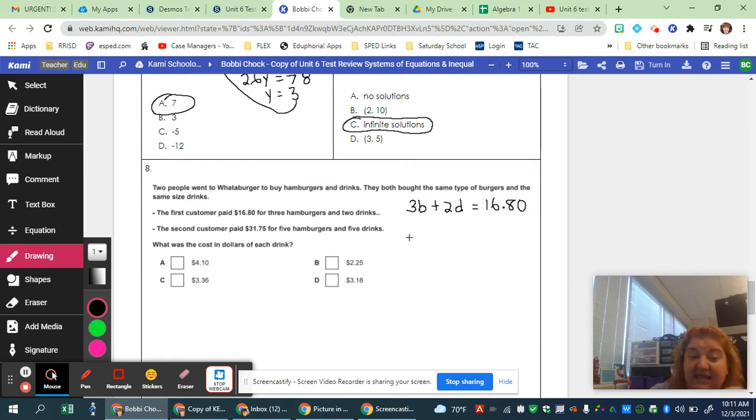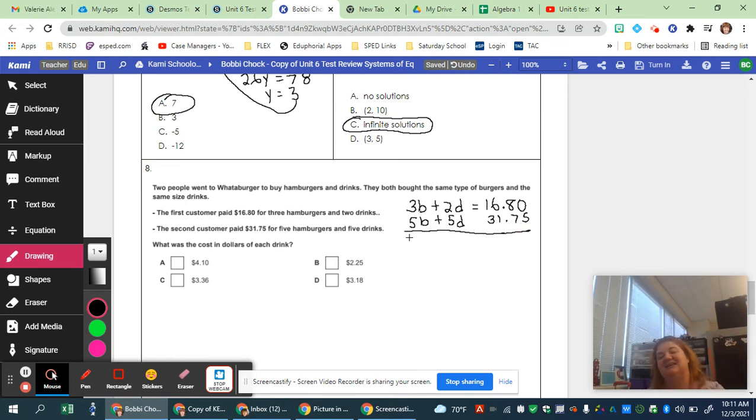The second customer paid $31.75 for 5 burgers and 5 drinks. This is like a lush or something. 5 burgers and 5 drinks. It's not reality, but that's okay.